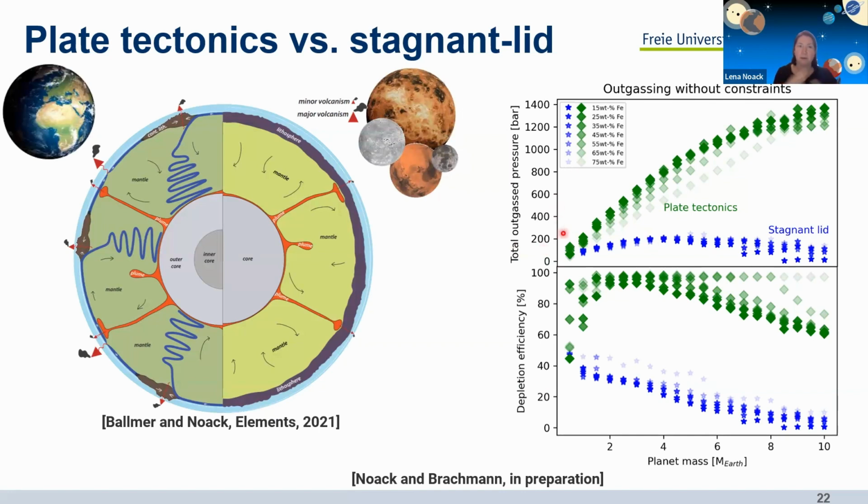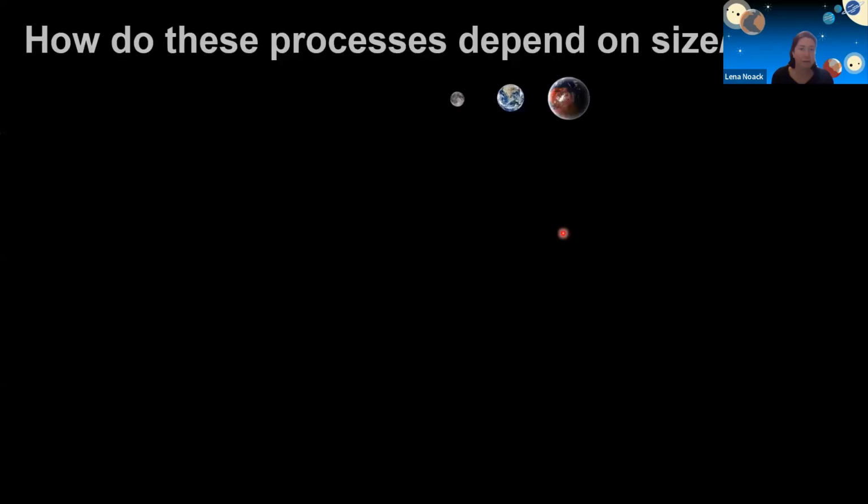So I have now talked about all of these different mechanisms, the processes that relate the interior to the surface. I just want to make a quick summary before I go to some other slides looking at the atmospheres of the different planets. For the interior processes, how do they depend on the size or mass of the body?